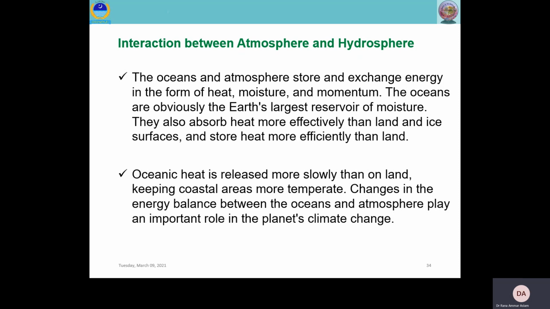I have given you three examples of how atmosphere and hydrosphere interact with each other. The other way is that oceans can absorb more heat, and their rate of releasing the heat is much less than the land surface, right? And this difference in the rate of heat exchange also affects local as well as global climate, right?